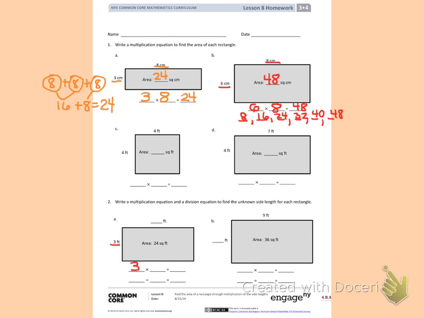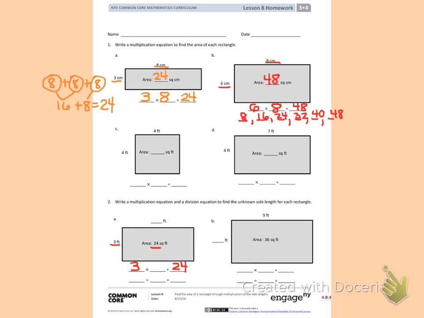They've also shown you that the area is 24 square feet. So I'm going to put 24 at the end, because I know that if I multiply 3 by something else, that'll equal 24. So what is the missing side length?